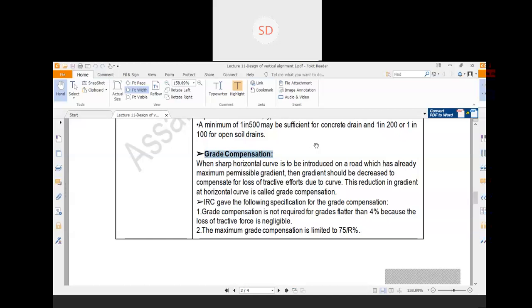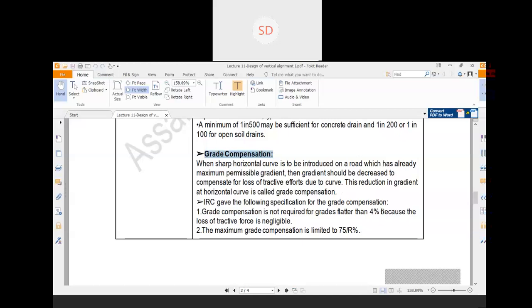This type of thing is called grade compensation, because for the sake of the horizontal curve you are compensating the grade, that is, the maximum grade over there. Now, as per the IRC guidelines, grade compensation is not required for grades flatter than 4%.